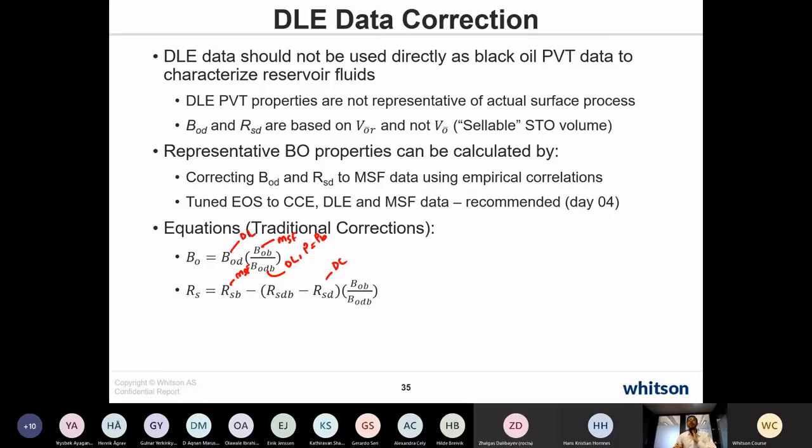But we will see in the next slide that if you use an equation of state model to generate black oil tables, that's the right answer.